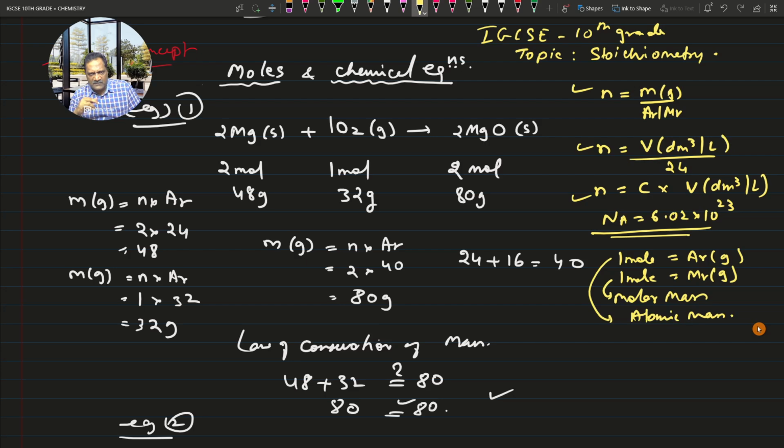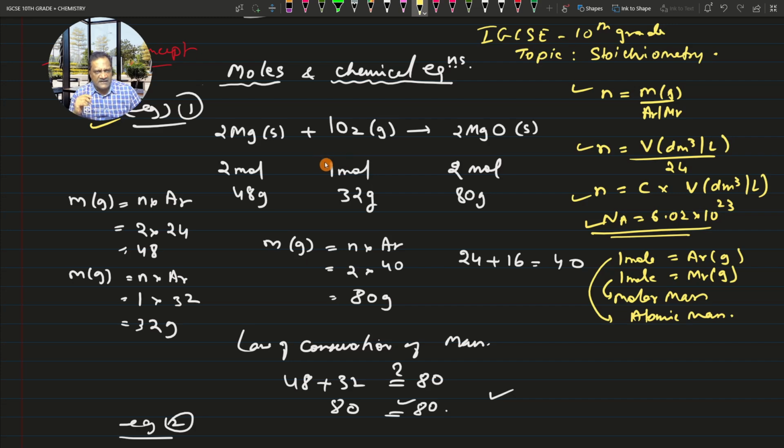So these are the things that we are going to use now in our chemical equations. These formulas you should always have at the back of your mind. Let us get started with this mole concept and chemical equations. Let us go to the very first example, that is this one.